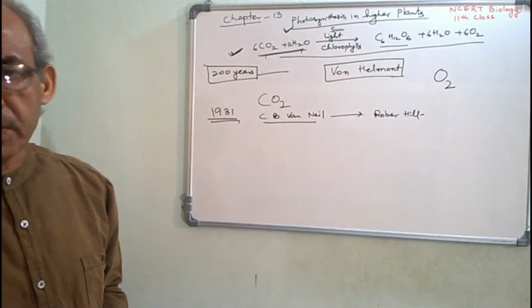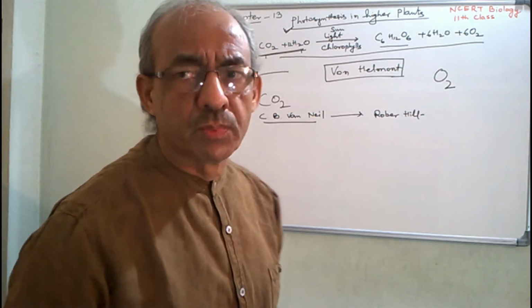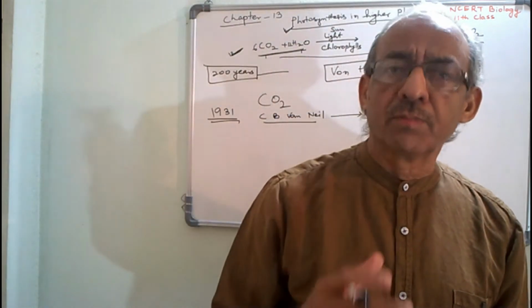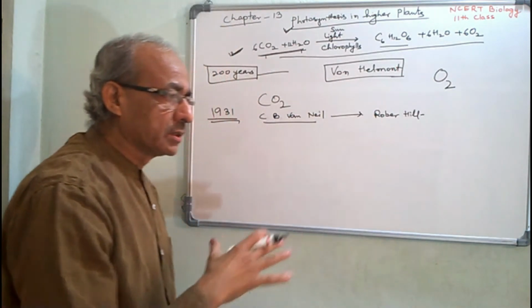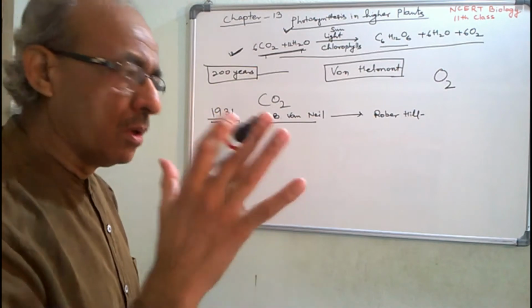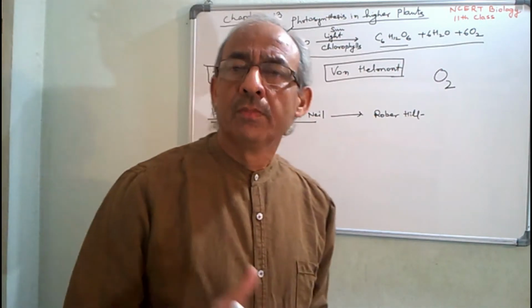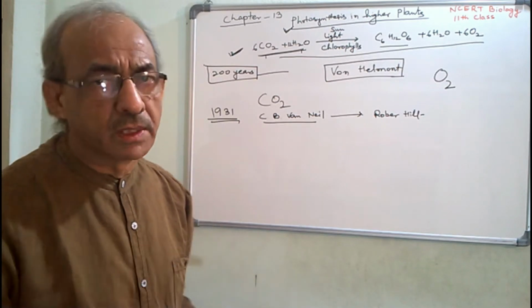We know that only green plants can produce food by the process of photosynthesis. All the organisms, all animals, human beings are dependent on green plants for their nourishment.